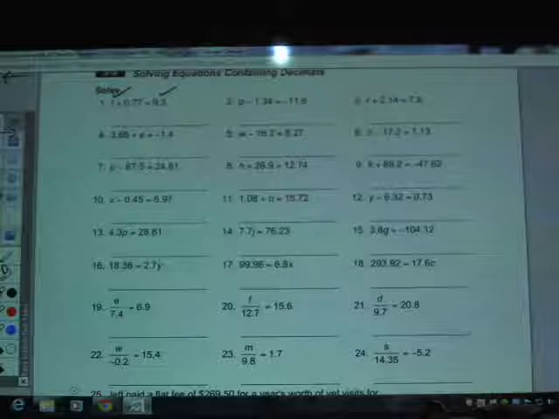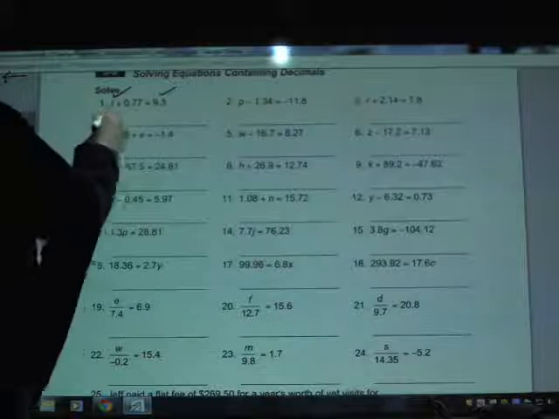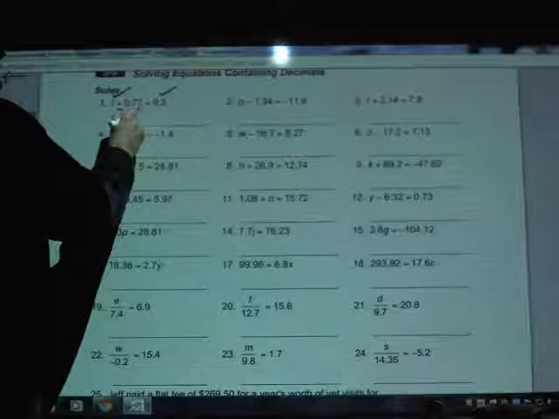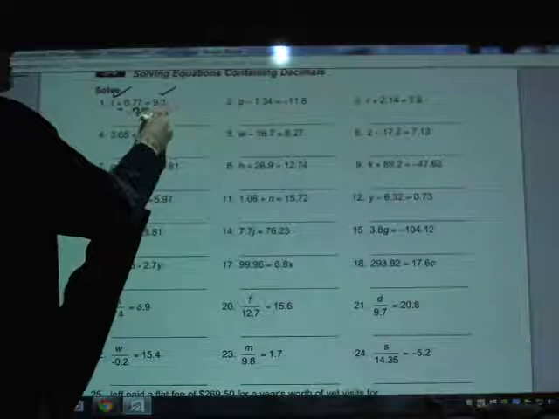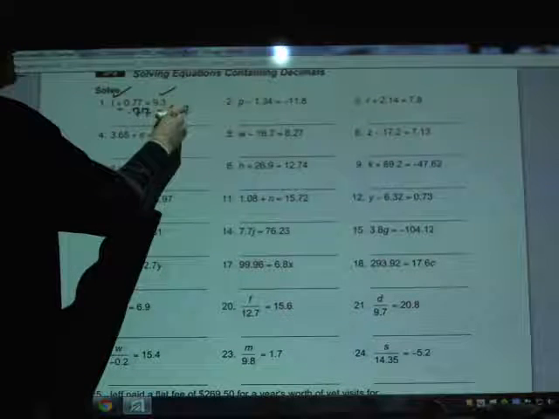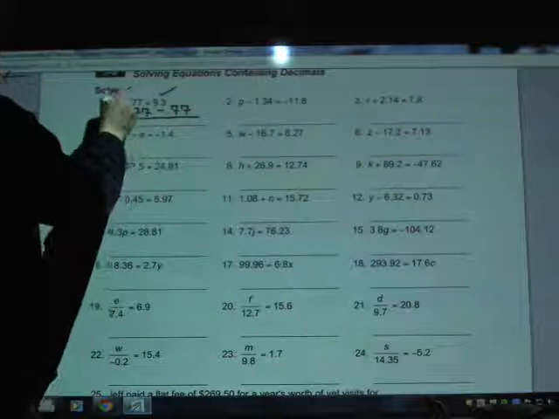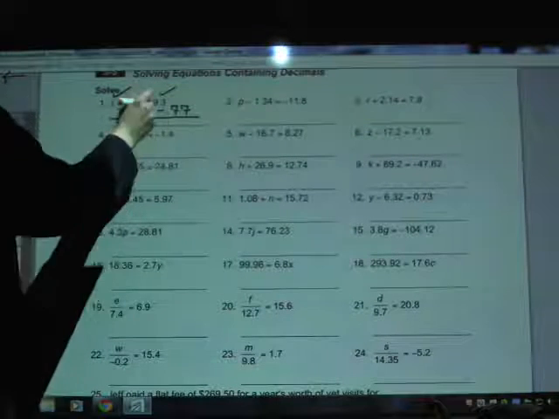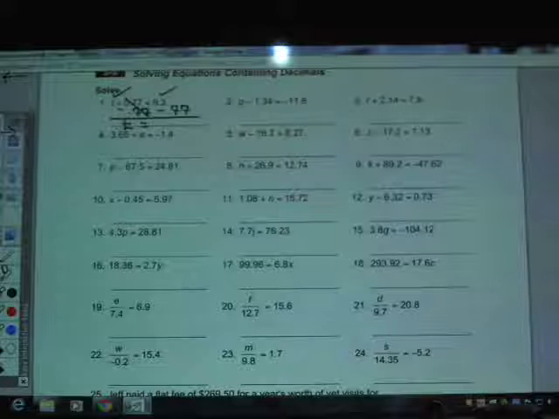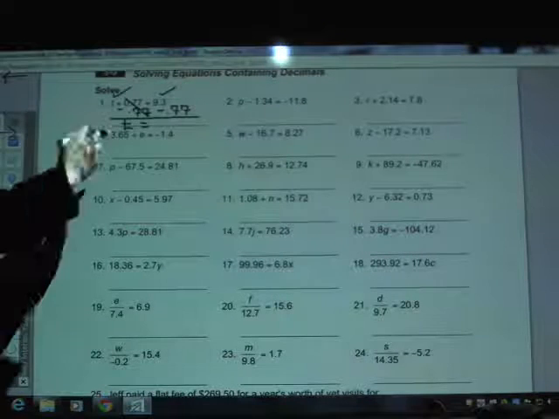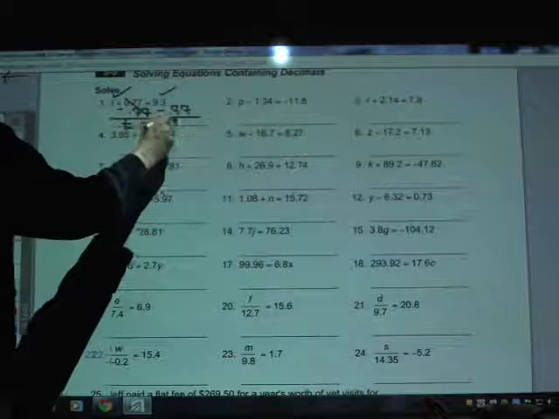Since 0.77 has a plus in front of it, I'm going to subtract 0.77 from both sides. And so that's going to be how I'm going to be solving for t. And 9.3 minus 0.77 is how I'm going to get my answer here. 9.3 minus 0.77 is 8.53.